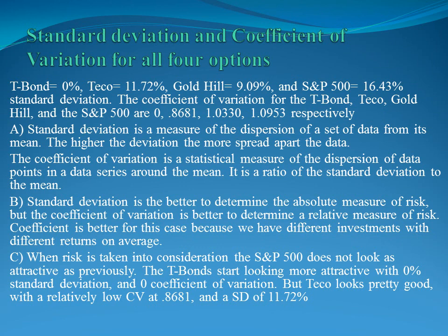And when risk is taken into consideration, the S&P 500 does not look as attractive as it did before. The T-bonds start looking more attractive with 0% standard deviation and 0 coefficient of variation. The TICO overall looks pretty good with a relatively low coefficient of variation at 0.8681 and a standard deviation of 11.72%.